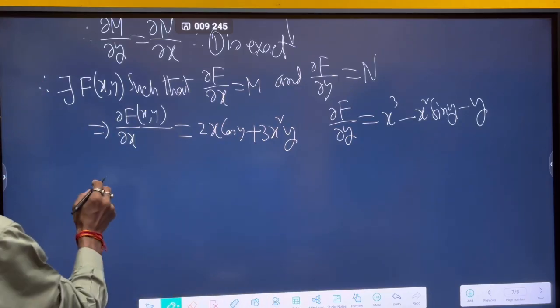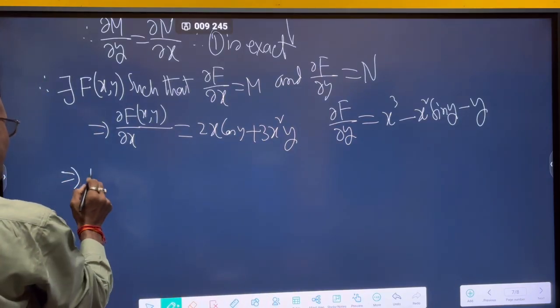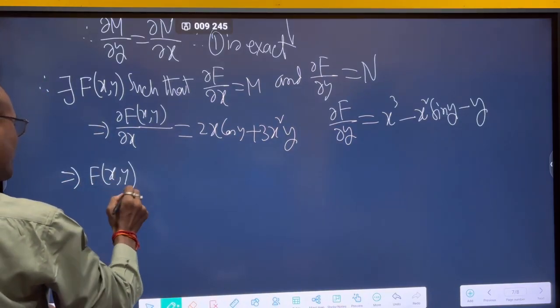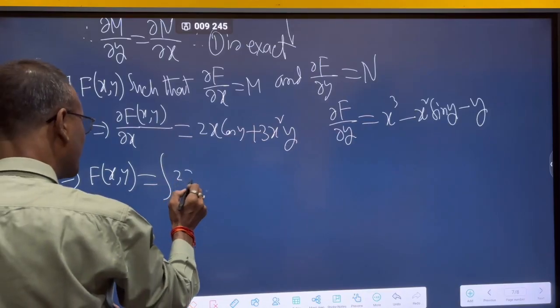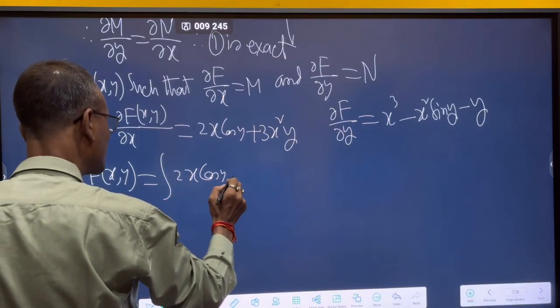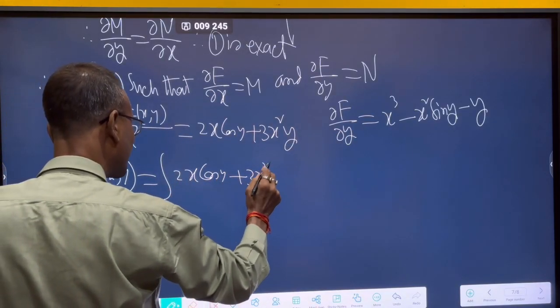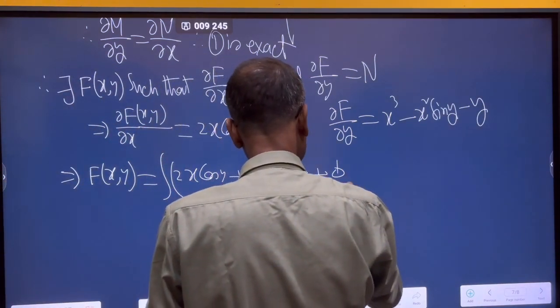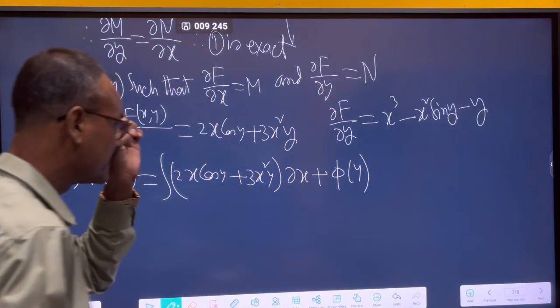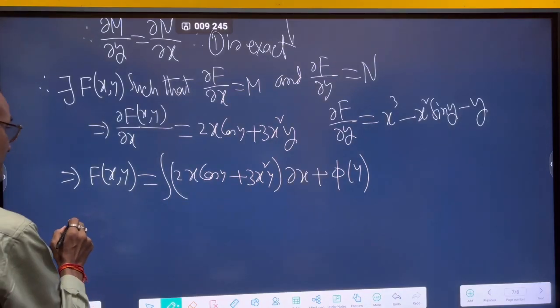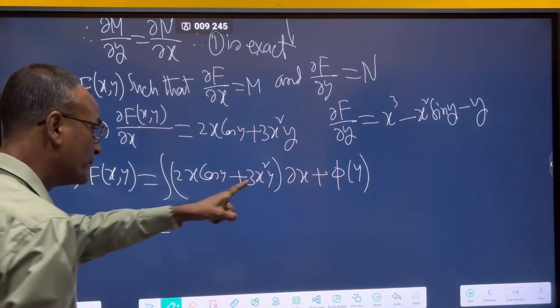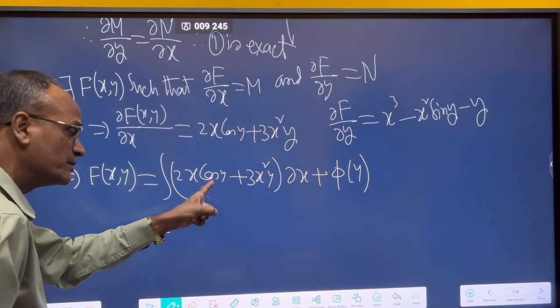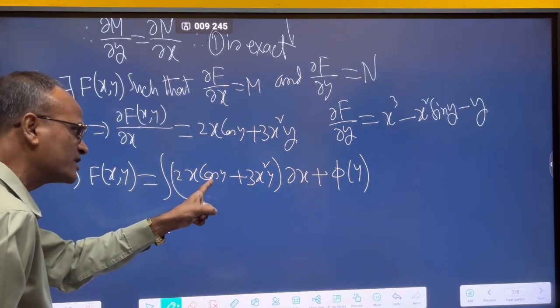This means f of xy equal to integral of twice x cos y plus thrice x square y, del x, plus phi y, integrating treating y as constant.